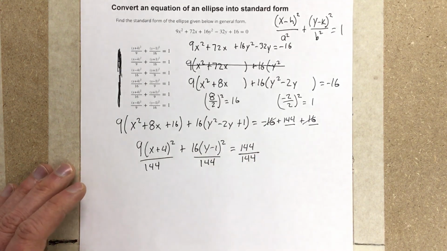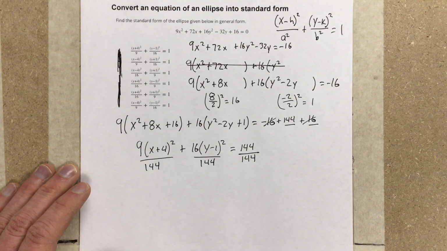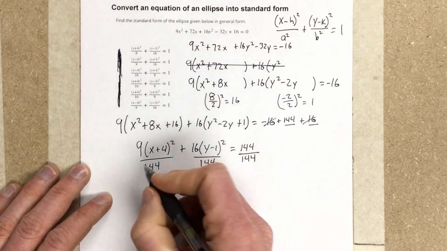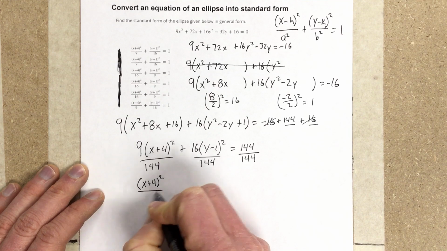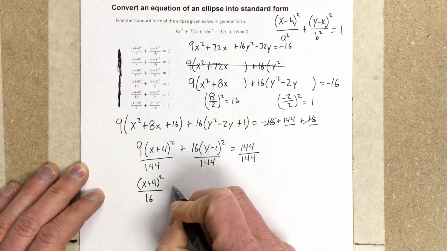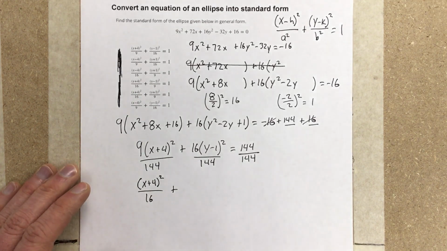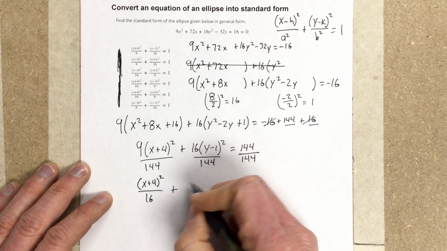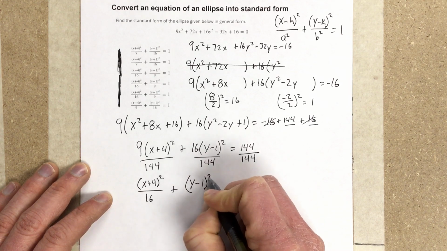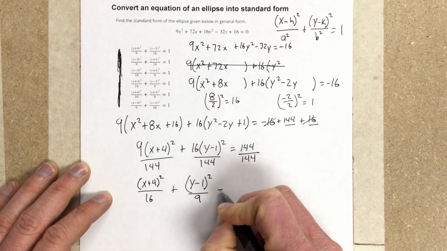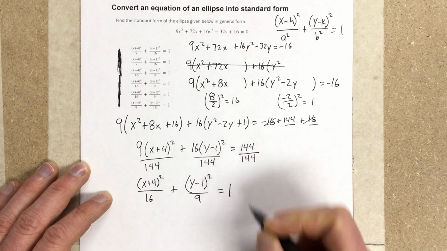And 9 over 144 reduces to 1/16, so this would be (x plus 4) squared over 16, and then plus 16 over 144 is 1/9, so we get (y minus 1) squared over 9 is equal to 144 over 144, which is 1.